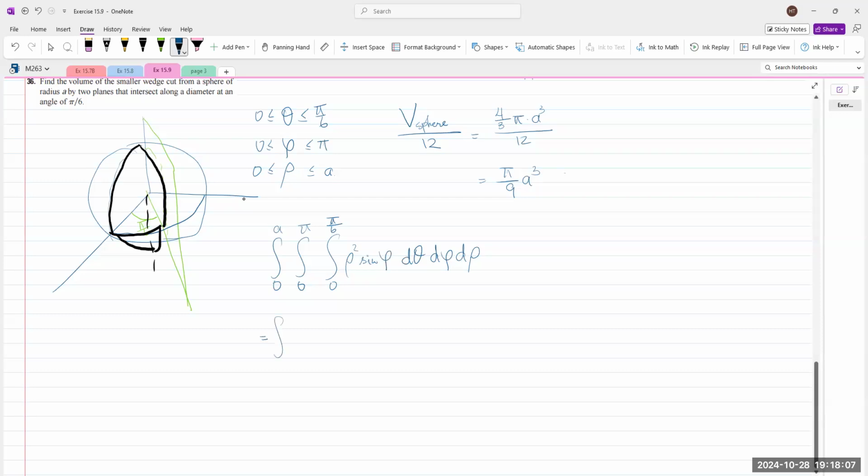Okay, that's integral from 0 to a of rho squared d rho, integral from 0 to pi of sine phi d phi, which is 2, times integral from 0 to pi over 6 of d theta.